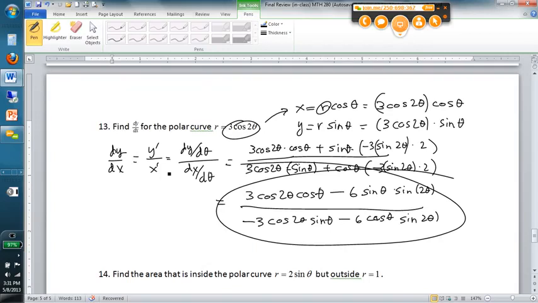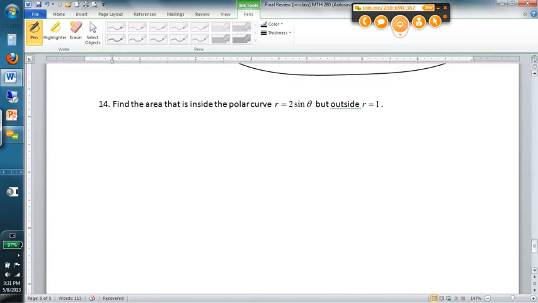Hang with me for one more. Area inside the polar curve r equals 2 sine theta, but outside r equals 1, so finding areas of polar things. Well, let's draw this out. I think I've got it just handy right here.